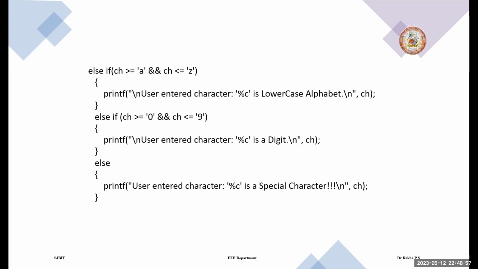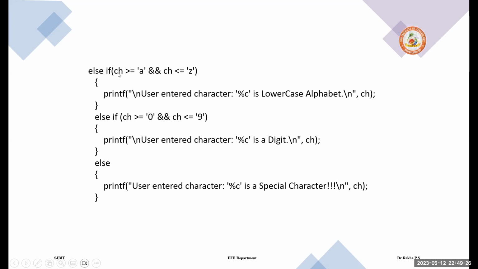As I have told you, only if this condition is true will it execute this printf statement. If that condition is true, then it should definitely be a lowercase alphabet, and it prints the variable value. The variable is ch, the value is stored in ch, so you print the value that the user has entered.